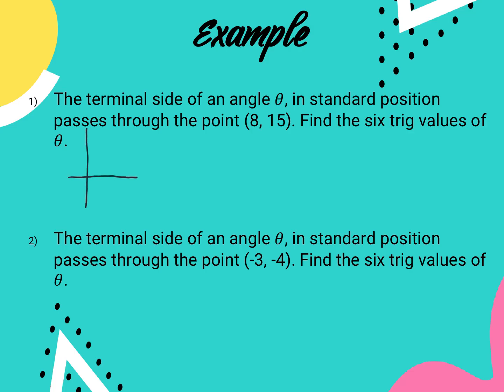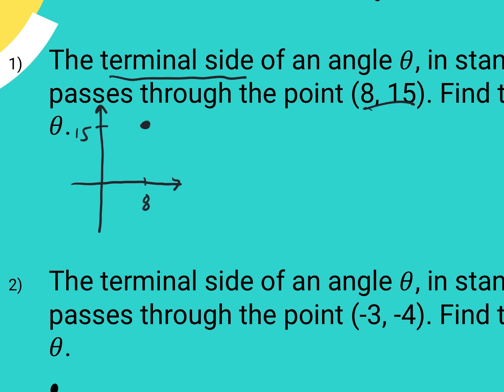I know the point (8, 15), so 8 is somewhere right there, and 15 is somewhere right there. So I have a point right there. It says that the terminal side of an angle passes through this point. Again, an angle in standard position, so I'm just going to draw a little ray, and this is our angle theta.